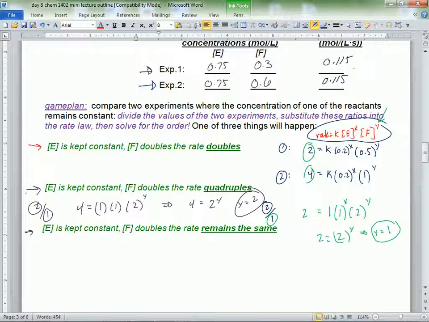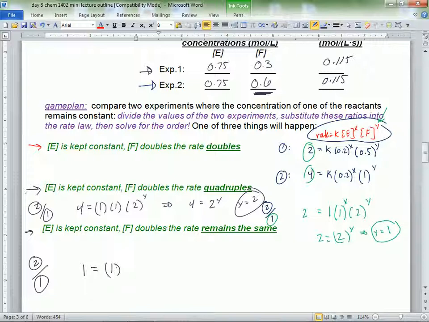Now to figure out my order for this one, what experiment should I divide by what experiment, Danny? What should I divide on top? Yeah, 2 should, because the bigger number is the deciding factor. So let's put 2 on top again. Divide the two rates, everybody. I get 1. Divide the two k's, I get 1.